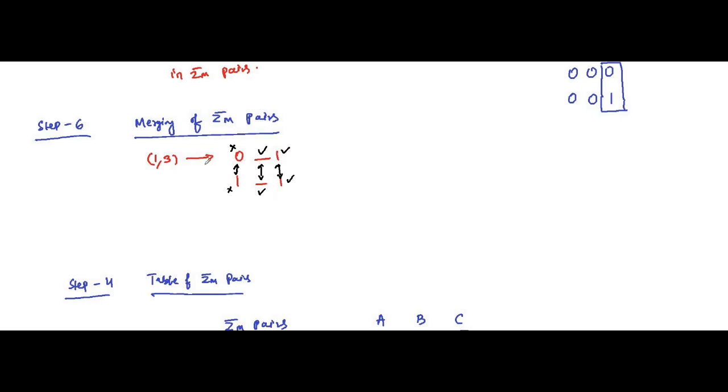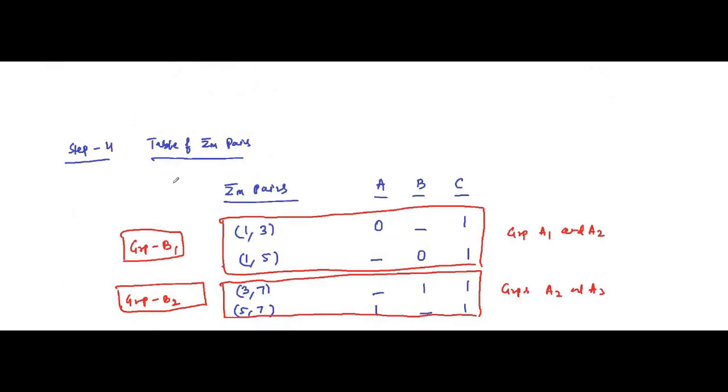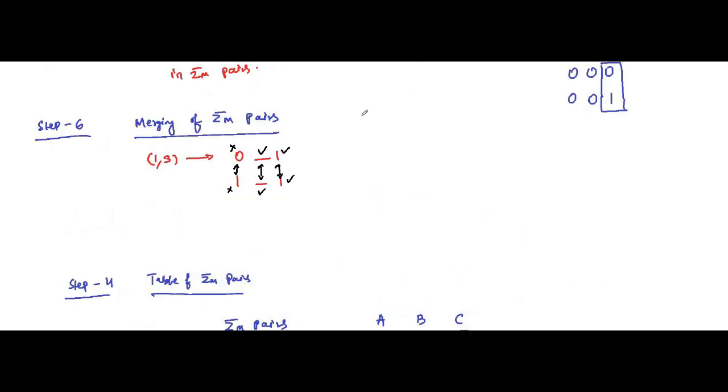So yes, this merging of 1 3 and 5 7 can be done, and the merged minterm pair will be 1 3 5 7.